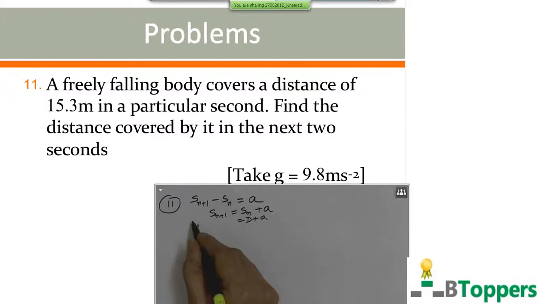Let the body start falling from the point O. Let us suppose the body travels from A to B during the particular second when it covers the distance d equal to 15.3 meter. Let the body travel from B to C in the next 1 second.